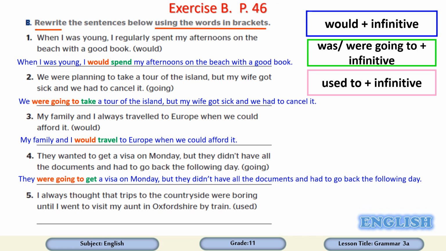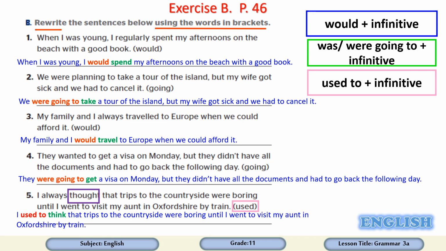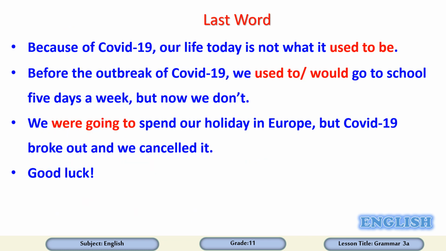We finish with sentence number 5. Yes, that's the right answer. I used to think that trips to the countryside were boring until I went to visit my aunt in Oxfordshire by train. We finish our lesson today by looking at these examples. Number 1, because of COVID-19, our life today is not what it used to be.